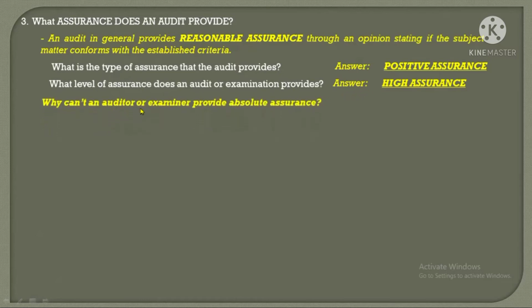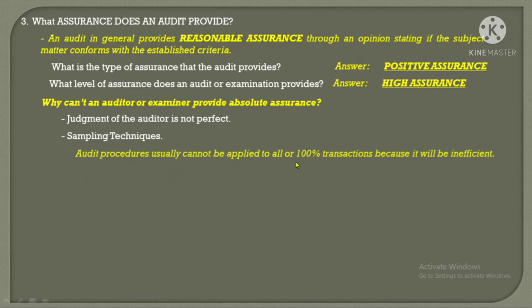Why is it? Because of a lot of reasons, and one of them is that the judgment of the auditor is not perfect. As a human, the auditor is prone to error in judgments. Another reason is that most of the time, auditors test only a sample of the transactions for efficiency. So audit procedures usually cannot be applied to 100% of transactions because again, it will be inefficient.